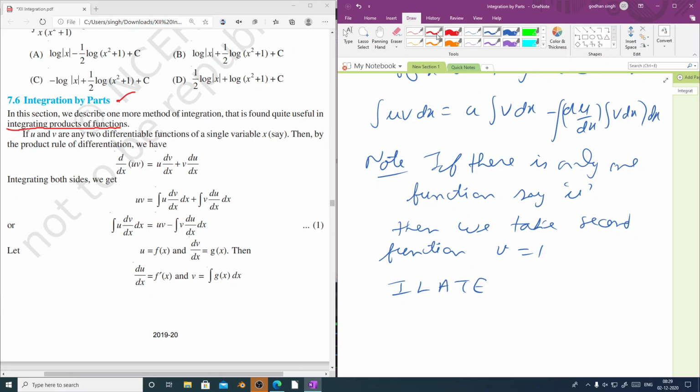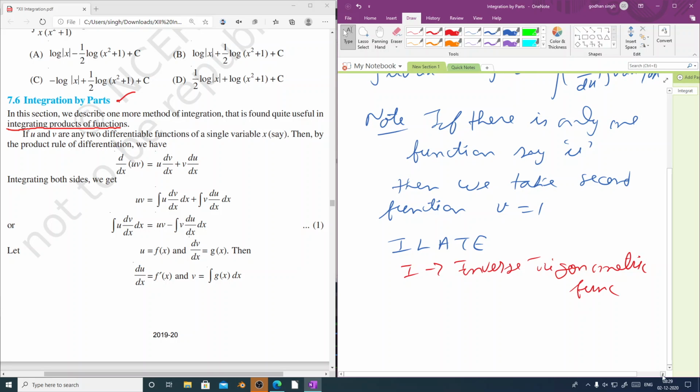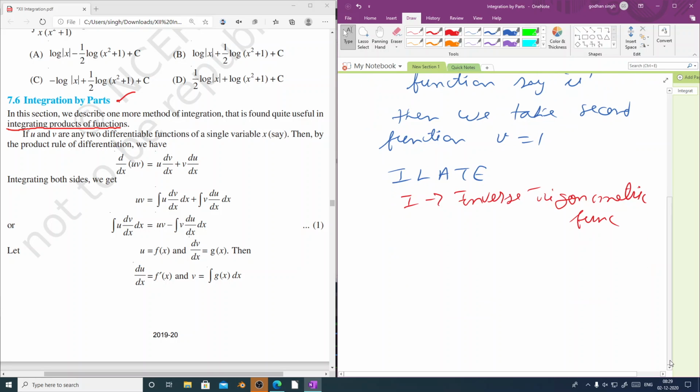I stands for inverse trigonometric function. Then L stands for logarithmic function.